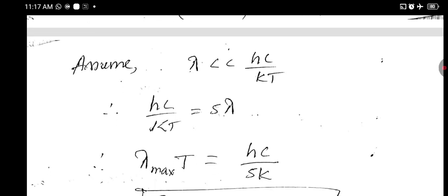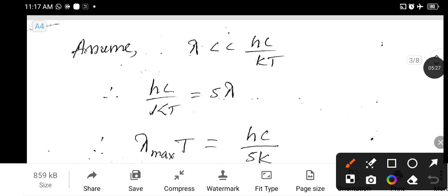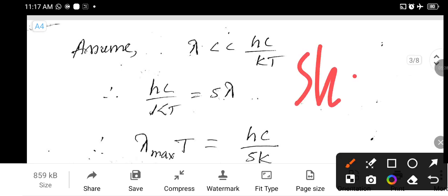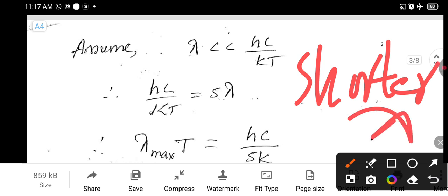But as we know, Wien's displacement law applies to shorter wavelengths. So that's why lambda is small and hc/lambda kT is large, so e to the power of x minus 1 is approximately e to the power of x, and x equals 5. Putting this value there, we get lambda T equal to hc by 5k.